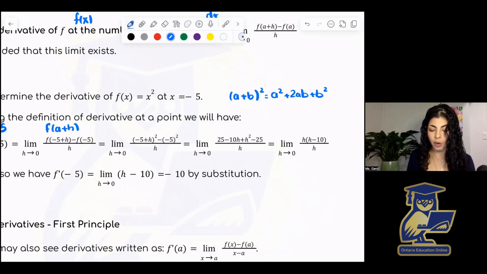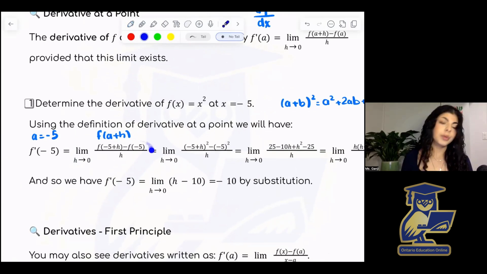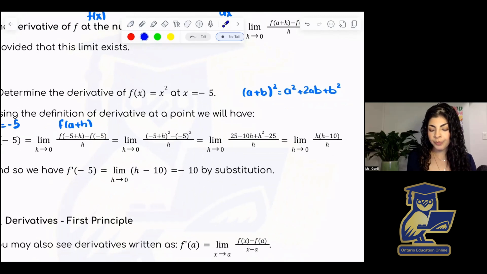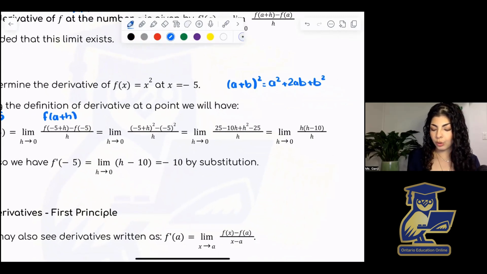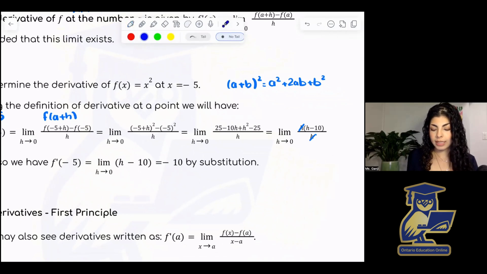And that's exactly what we wanted, because if you look at the limit when we first started, the reason why we weren't able to solve this is because of this h in the denominator, because it gives us an indeterminate form of a denominator of 0. We can't work with that value. But now I'm able to simplify these two h's to have h minus 10.